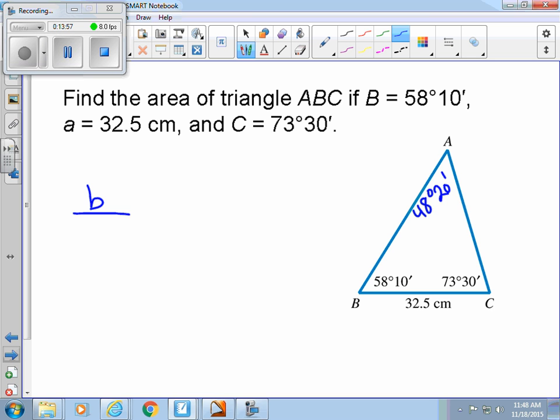So B over the sine of 58 degrees 10 minutes equals 32.5 over the sine of 48 degrees 20 minutes.